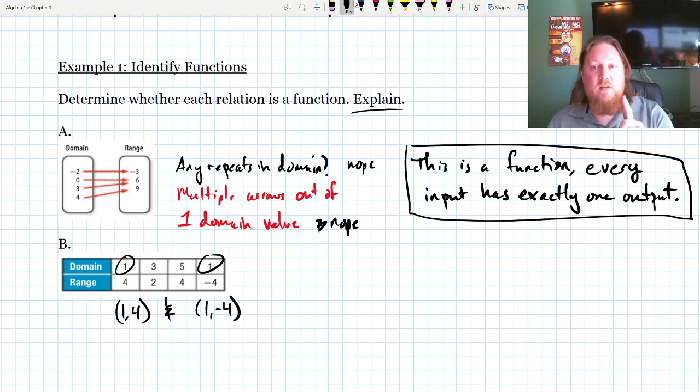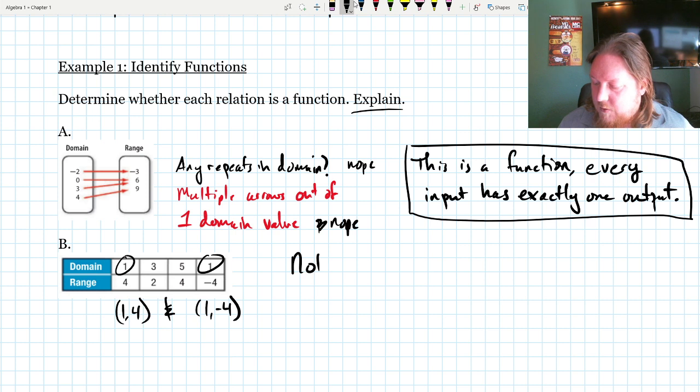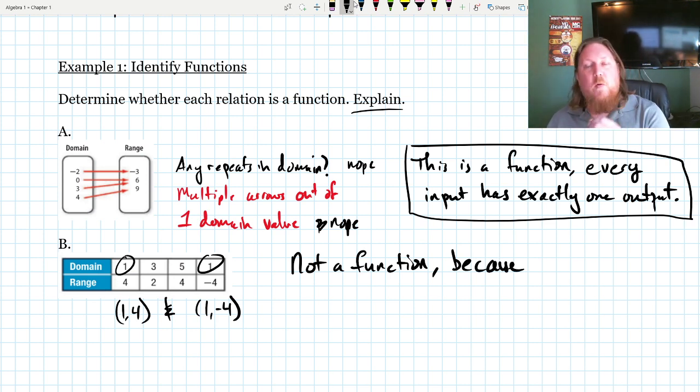I only have to find one example of it. I don't even care what the other numbers are doing. I found that one problem, that's enough. So I'm going to say this is not a function because, and this is the explain part, before when I explained it was a function, I just used the definition. To explain it's not a function, I'm going to say how it doesn't fit the definition.